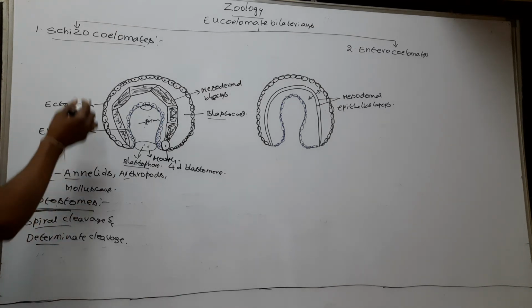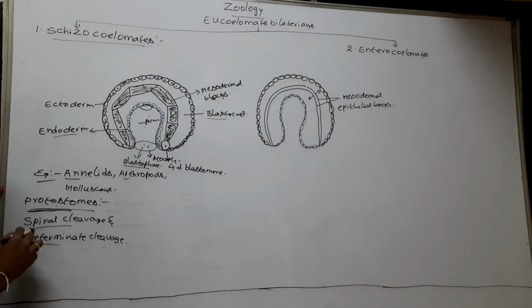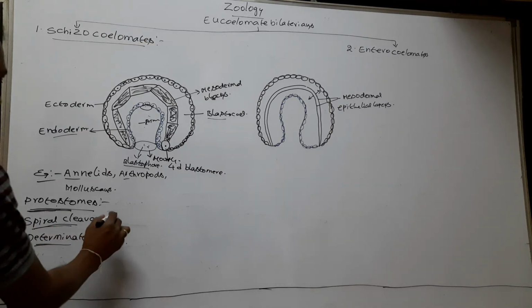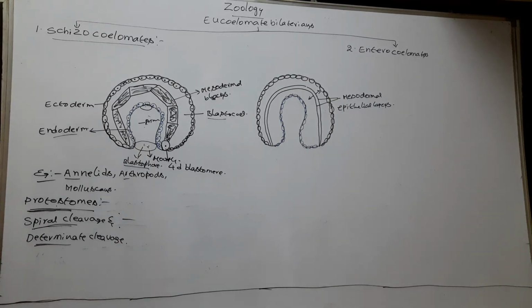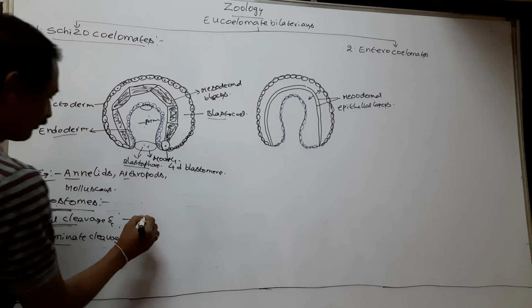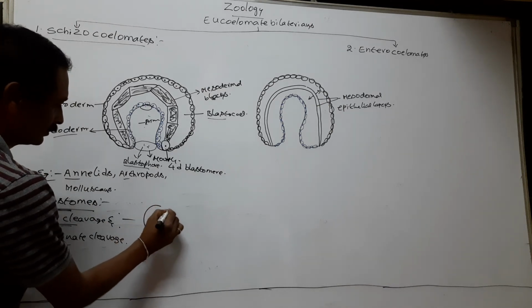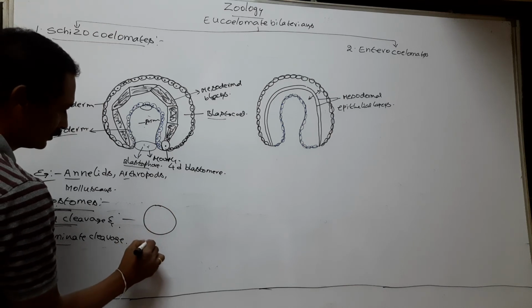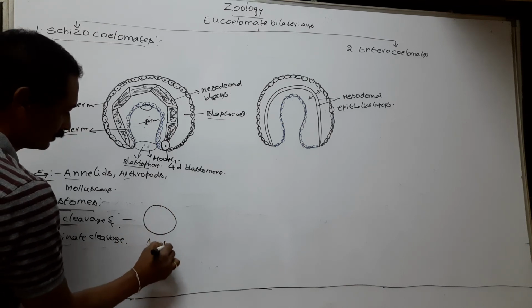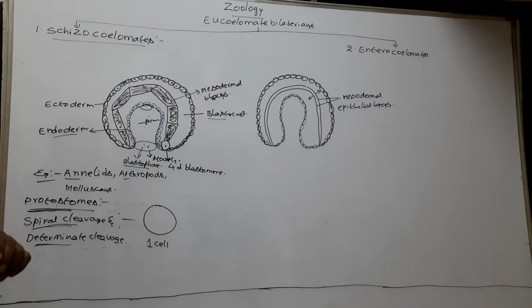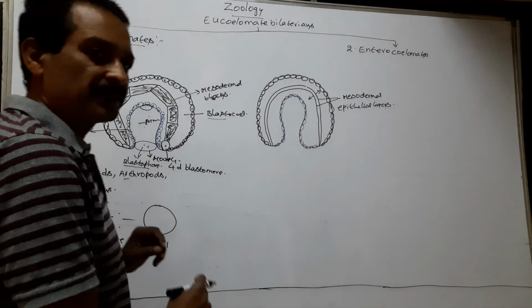Next, the schizocoelomates exhibit spiral cleavage and determinate cleavage. What is spiral cleavage? This is a single cell stage.